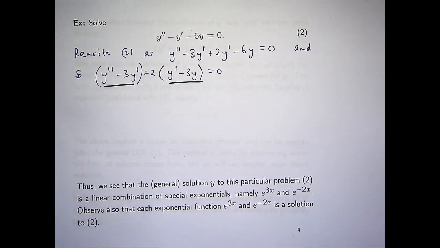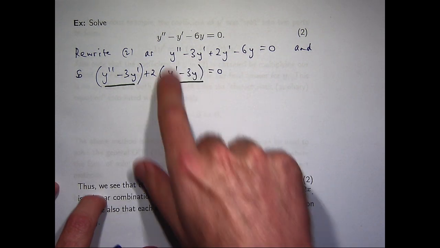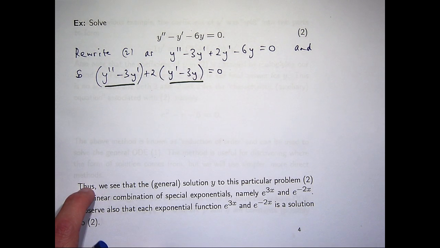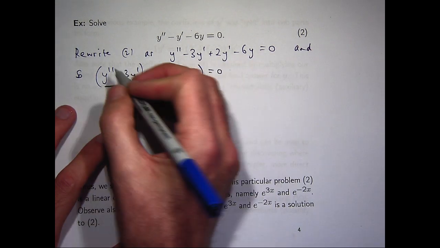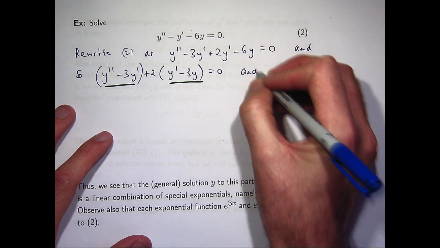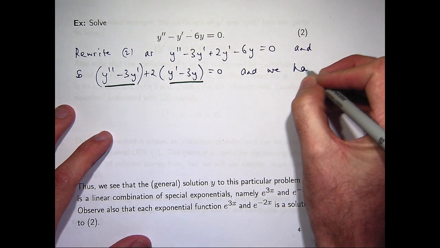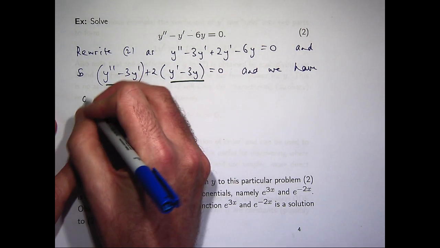Can you see that? If I differentiate what's in here, I get that. So what I can actually do is take a d dx out the front of that bracket, and we have the following.